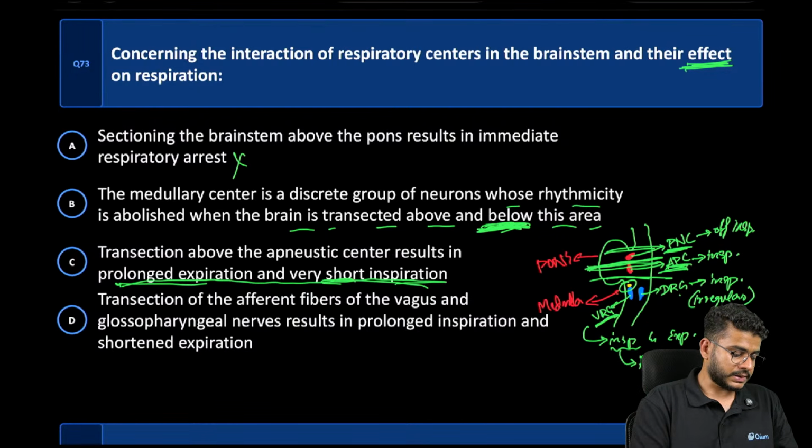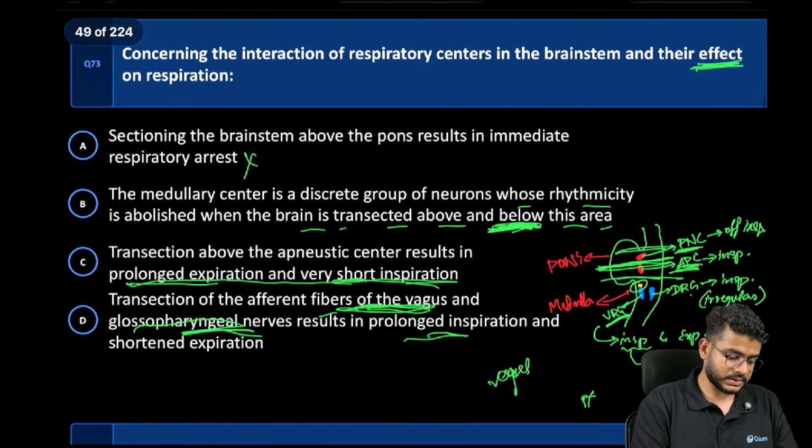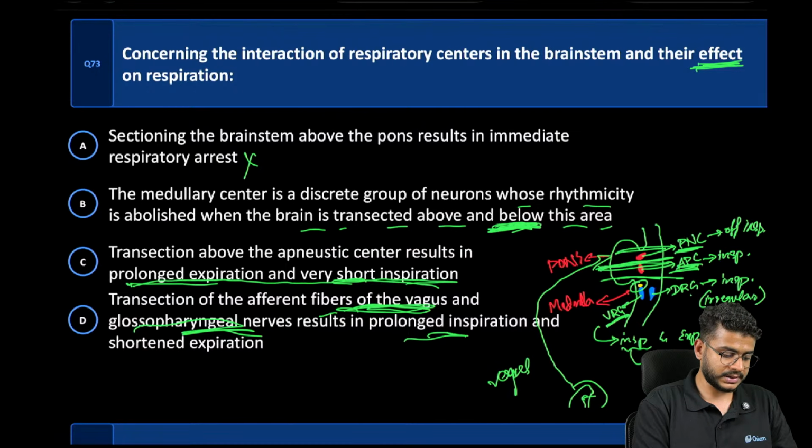Okay, the last option: transection of the efferent fibers of the vagus and glossopharyngeal nerves results in prolonged inspiration. Okay, listen, the vagus nerve starts from the stretch receptors in the lung towards the PNC and towards the DRG, and gives the inhibitory signals to stop the inspiration.